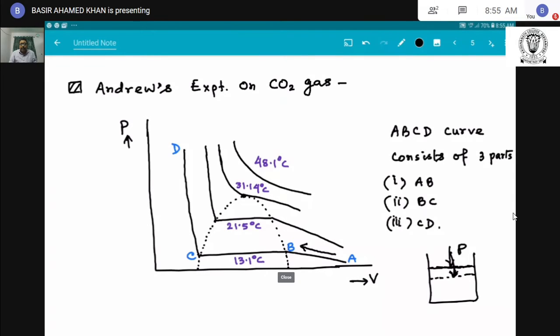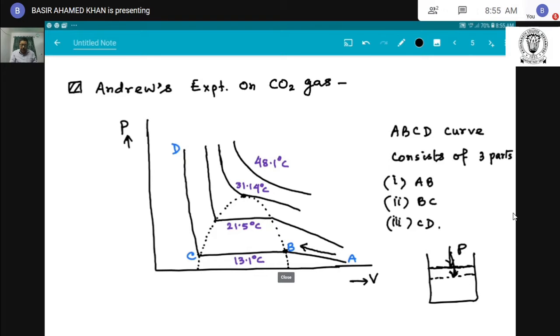Now at the point B, another thing occurs. The gas begins to liquefy. As long as liquefaction continues, the pressure remains constant.